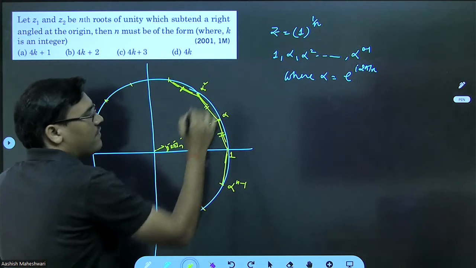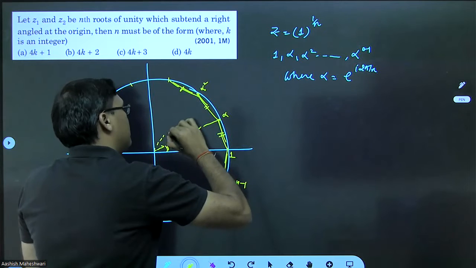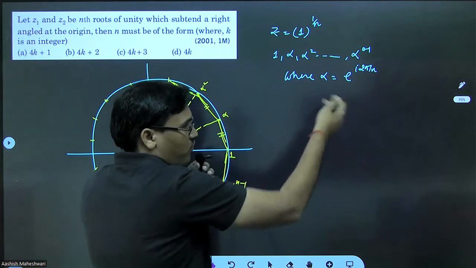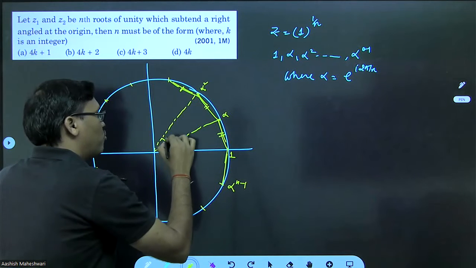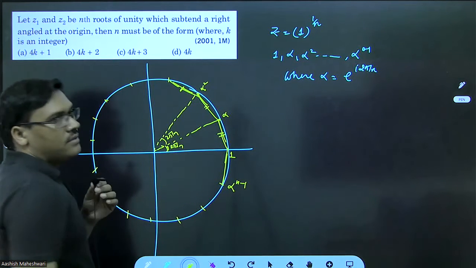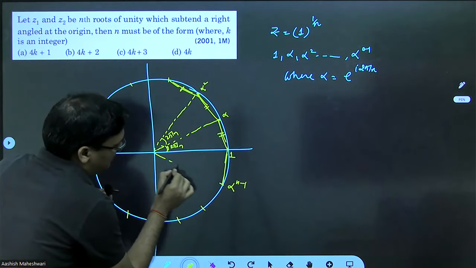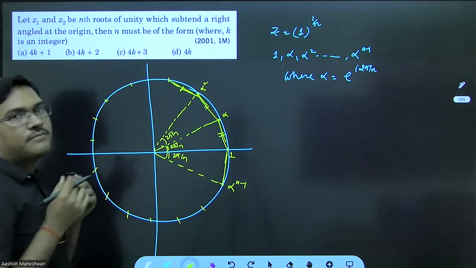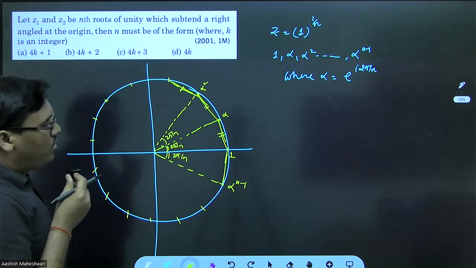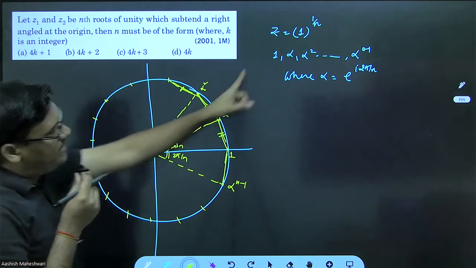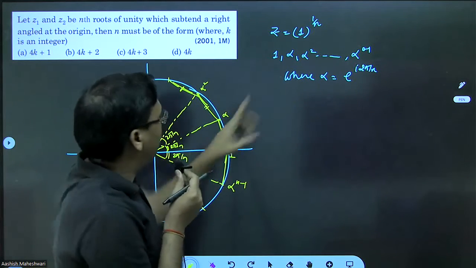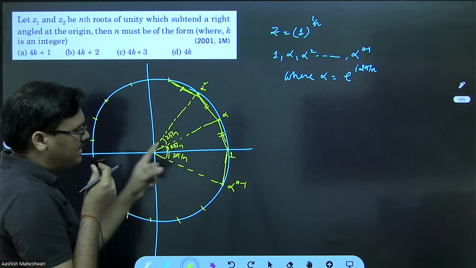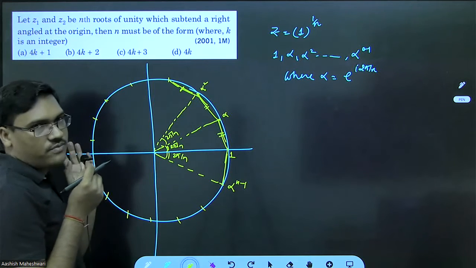Similarly, this is alpha square, e raised to iota 4 pi by n, so this angle is again 2 pi by n. That means all these sides are subtending the same angle, 2 pi by n, at the center. Correct? So all these nth roots of unity are vertices of a regular n-sided polygon, and they are subtending equal angle at the center of this circle.